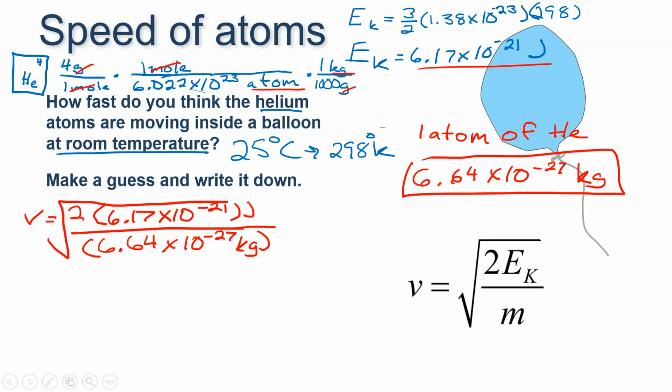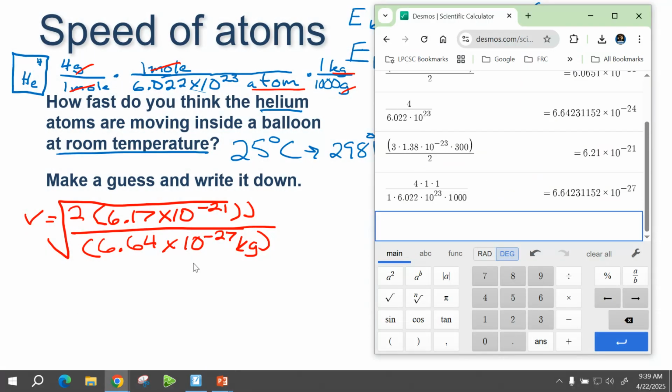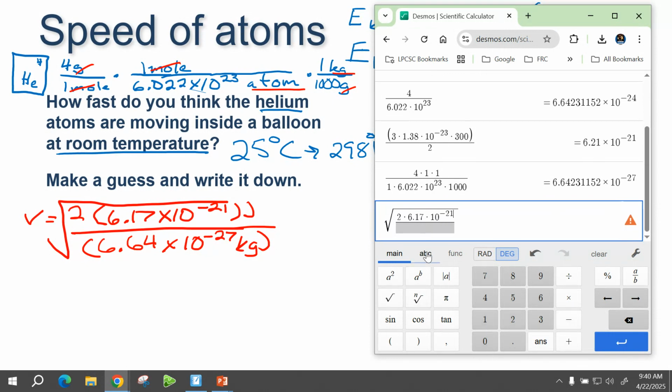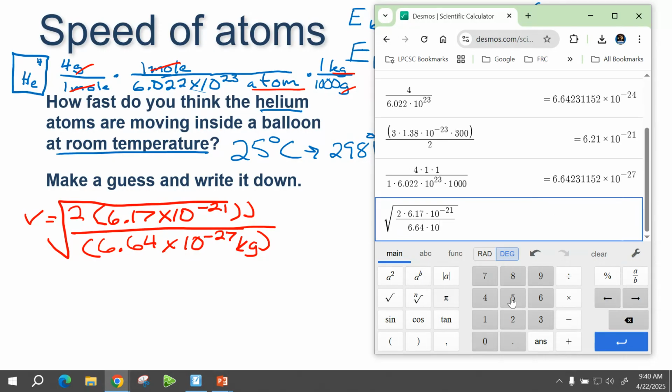Then let's plug that in the calculator and see what we get. So I'm going to take the square root of, in parentheses, 2 times 6.17 times 10 raised to the negative 21 divided by 6.64 times 10 raised to the negative 27.